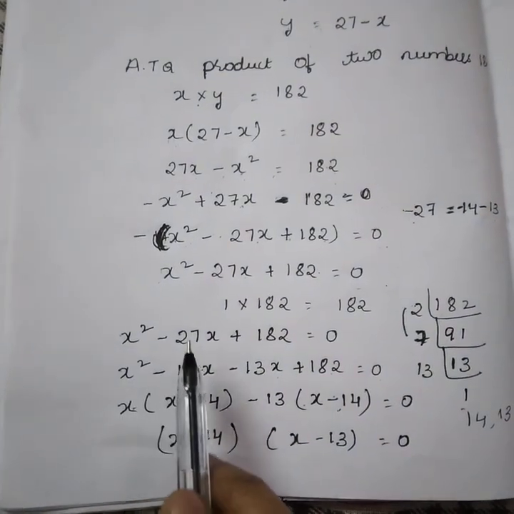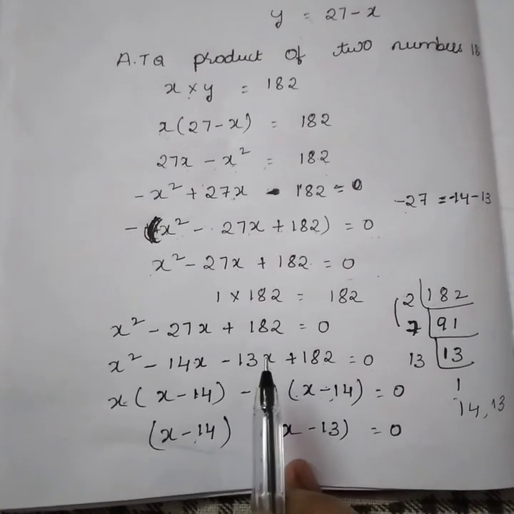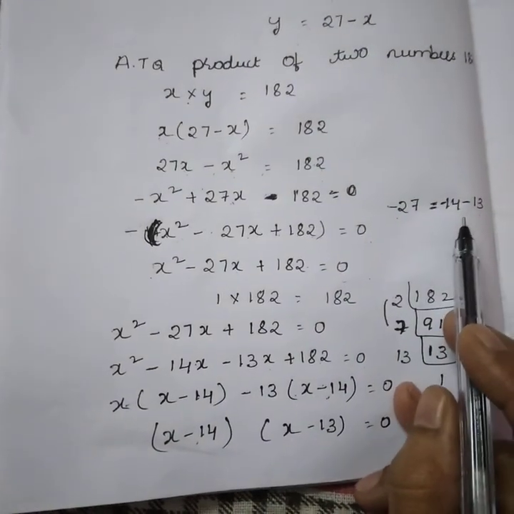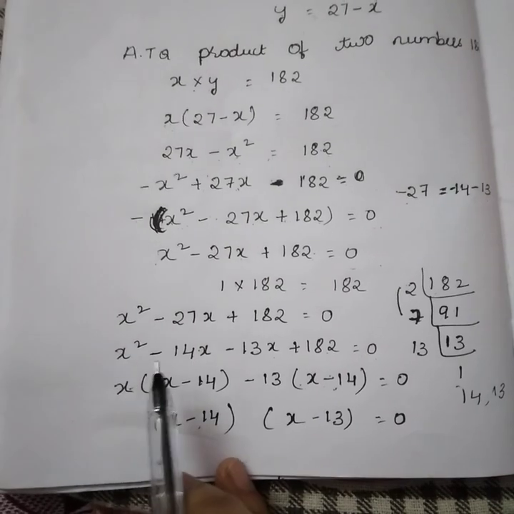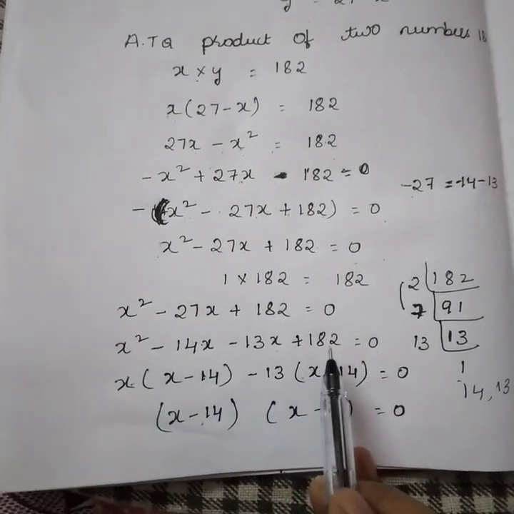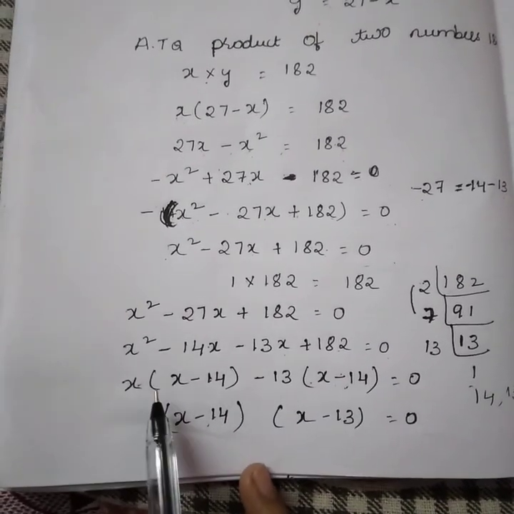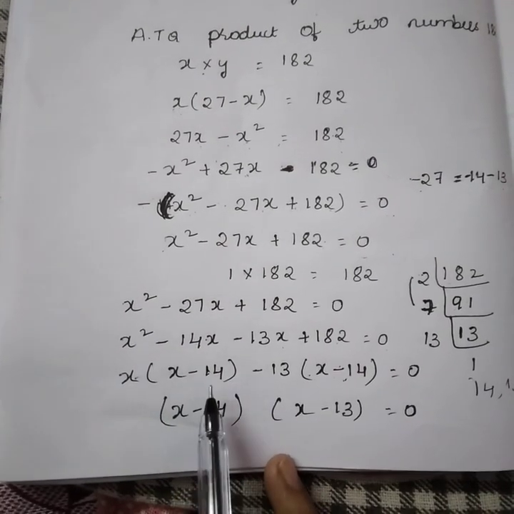x square minus 27x plus 182 is equal to 0. So minus 27x can be written as minus 14x minus 13x. x square minus 14x minus 13x plus 182 is equal to 0. Take x common. x into x, x square. x into minus 14, that is minus 14x.